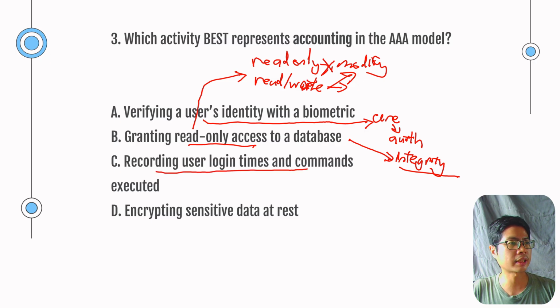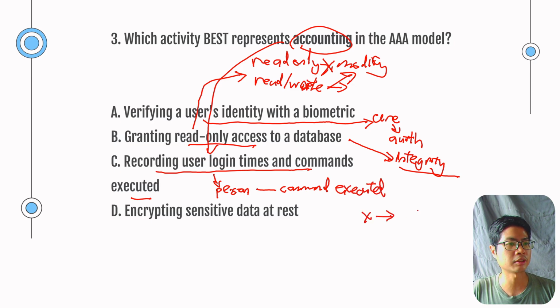Recording users' login times and commands executed. This definitely is under accounting. So we are logging who has accessed it, the subject or the person involved, and we are logging the commands executed or what they have done. For example, we log that X has accessed employee A's salary record, and X has accessed the CEO salary record.